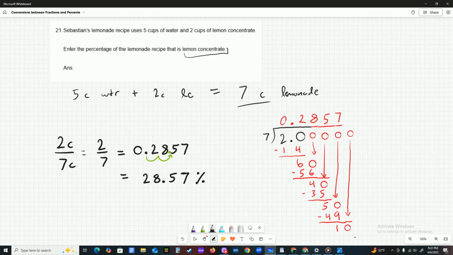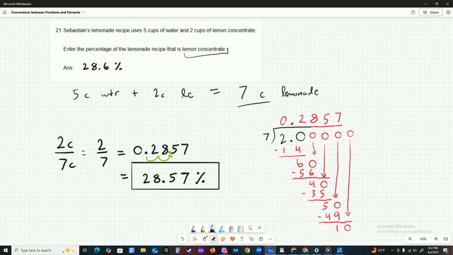So the question now is, enter the percentage of the lemonade recipe that is lemon concentrate. This is our answer, 28.57%. It doesn't say how many decimals to give. I like to give 2 decimal places. You could give 1. I don't see a problem with saying 28.6%.